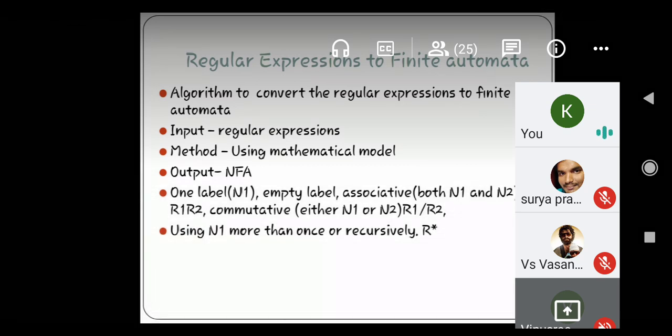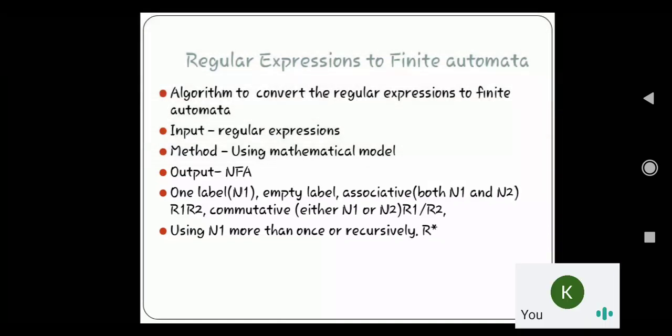But in this implementation we are going to change it. How are we going to change it? In NFA1 you will have an initial state and a final state, whereas the final state of NFA1 is going to act like the initial state for NFA2.